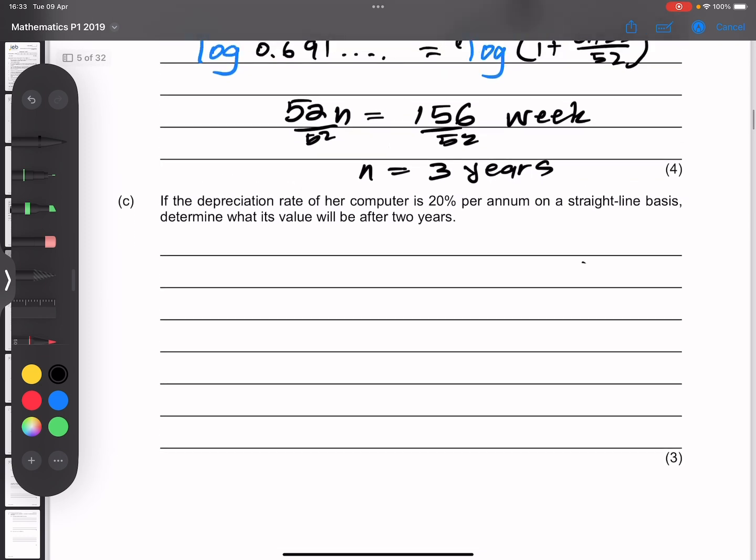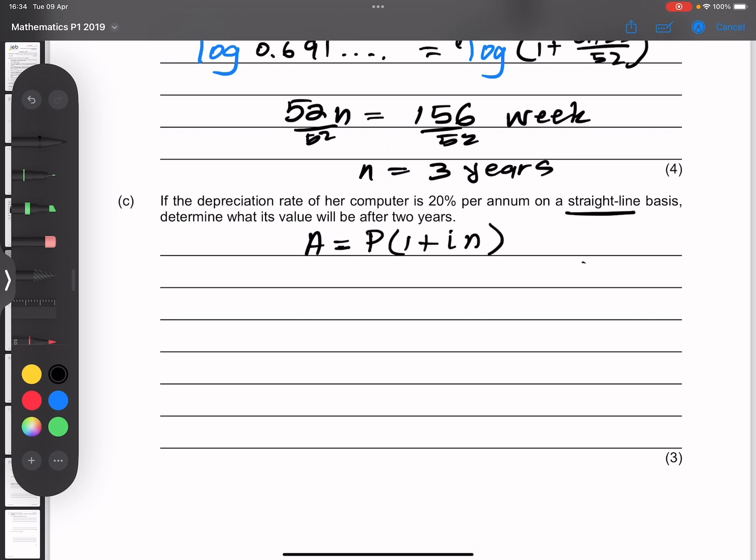The next portion, they say to us, if the depreciation rate of her computer is 20% per annum on a straight line basis, determine what its value will be after 2 years. So remember, when it comes to depreciation on a straight line basis, this is the same as simple interest. So this is going to be P times (1 plus i times n).